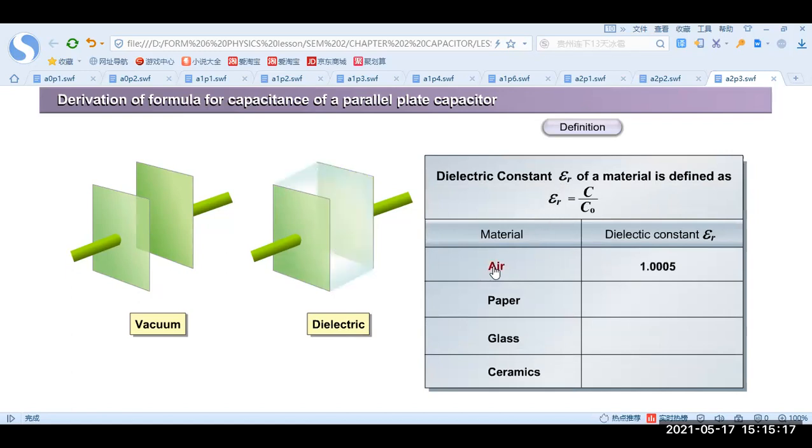The dielectric constant for air is 1.0005, and for vacuum it is 1. For paper it is 3.7. For glass and ceramic it ranges up to 1,200. That means it depends on the density. Different materials have different dielectric constants epsilon R, which comes from C over C naught.